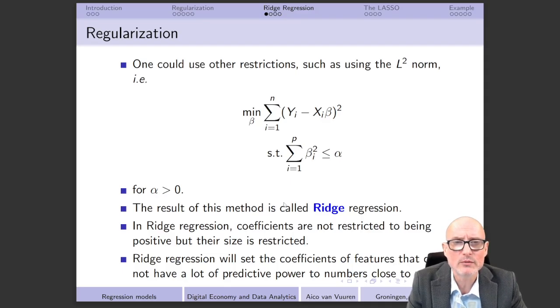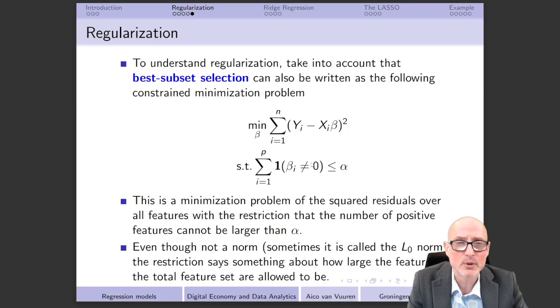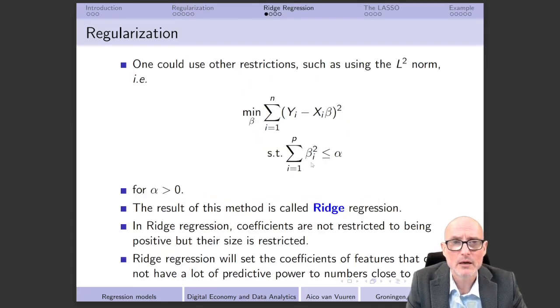We should take into account that, like what we had with respect to best subset selection, in this minimization problem we could place an equality instead of an inequality, but that actually will not really change the result. So whether we have an inequality or an equality doesn't matter that much.